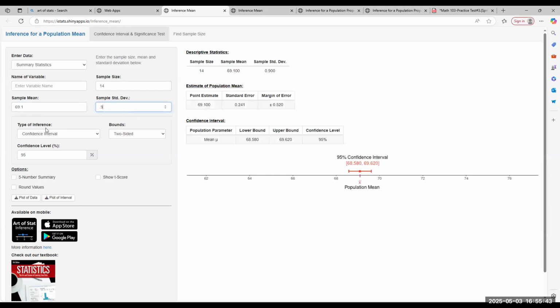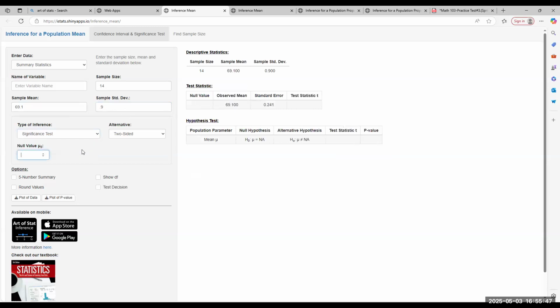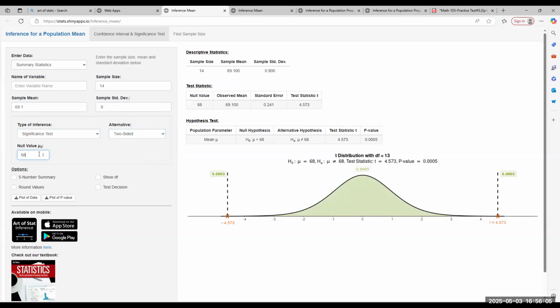Then the type of test. You are going to have the significance test. What type do you have? Look at this, it's not less than, greater than, it's two-sided. It's a two-sided test, and the value for the null hypothesis was 68.3.